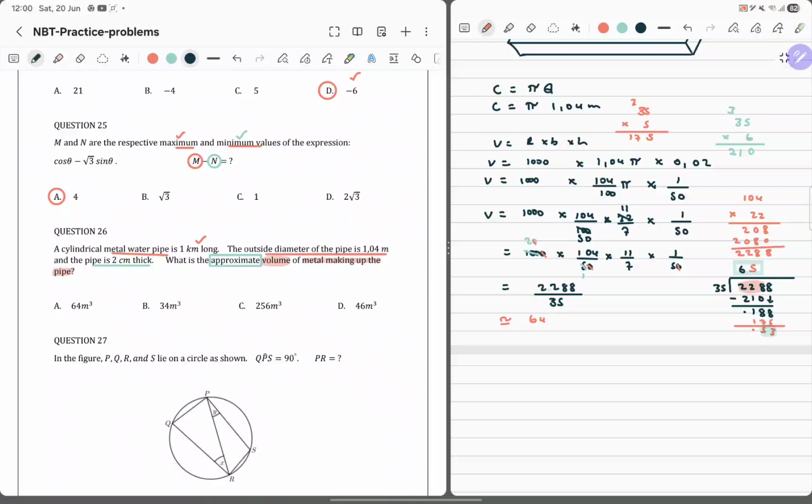So this is more like 2,300 if we want, or we can say 2,290, for example. Something like it. So you can easily say 2,290 over 35, for example. Maybe it would do the trick, because why not?